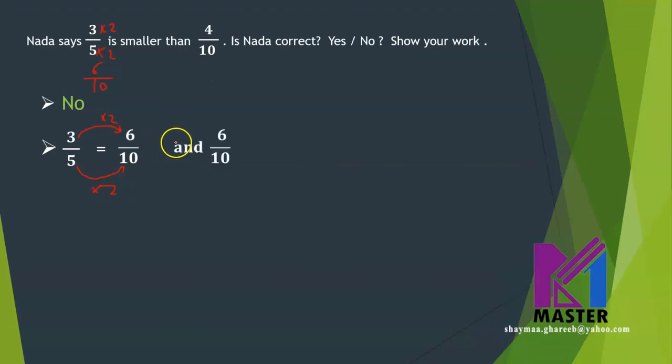Okay? And I will say that 6 over 10 is greater than 4 over 10. All right? Then I will say that the 3/5 is greater than 4 over 10. Is this clear? So you have to follow these steps in such type of questions.